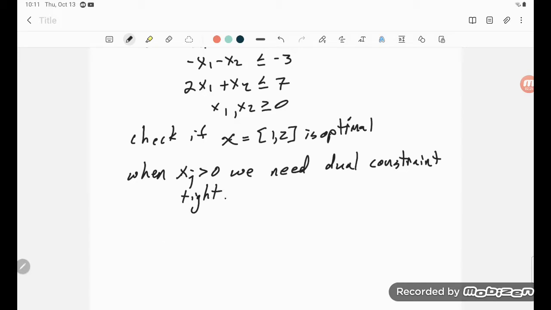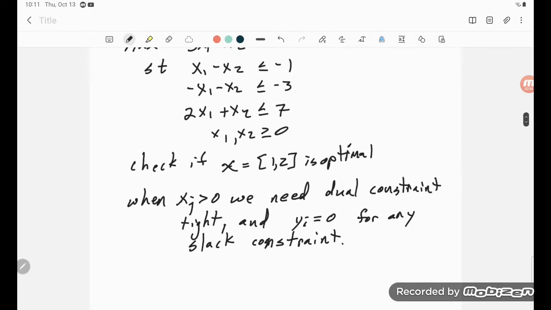Or in other words, we need to have an equality, and yi equals 0 for any slack constraint. Okay, well, since we need to work with the dual constraints, let's go ahead and write the dual problem.